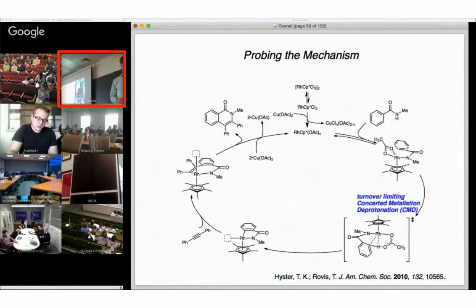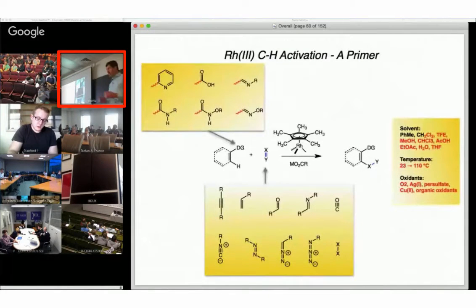Okay, next slide, please. So I'll give you a primer on the reactivity of rhodium(III), summarized in this slide. Substrates inevitably involve a directing group of some sort, and that's in the yellow box on the top left. Pyridines have been used and do work quite well, as well as amides, acids, imines, oximes, and substituted amides such as pivaloyl hydroxamate.